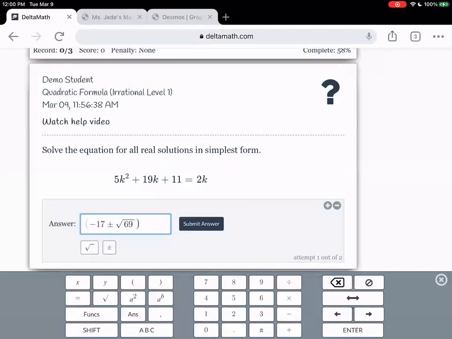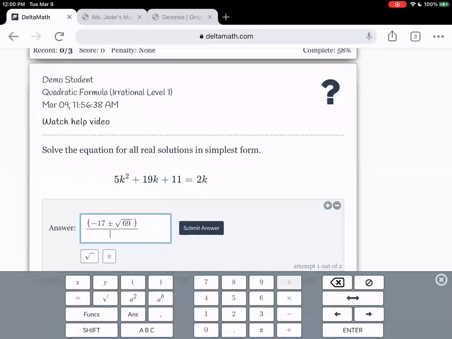I'm going to put parentheses around everything so that it will know it's a giant fraction. Now over 10. There you go. So when you type it in, make sure you type parentheses around the entire top part so it lets you type it like a fraction like this.